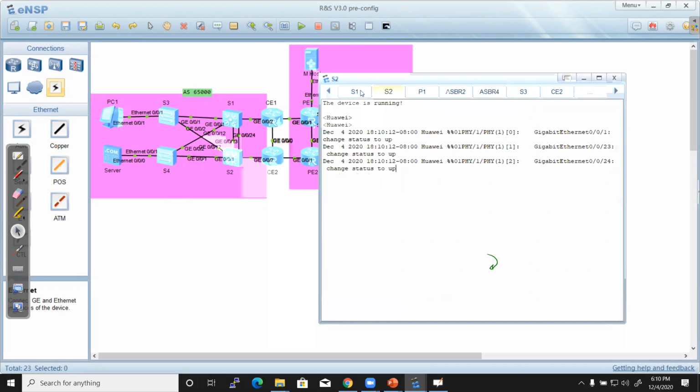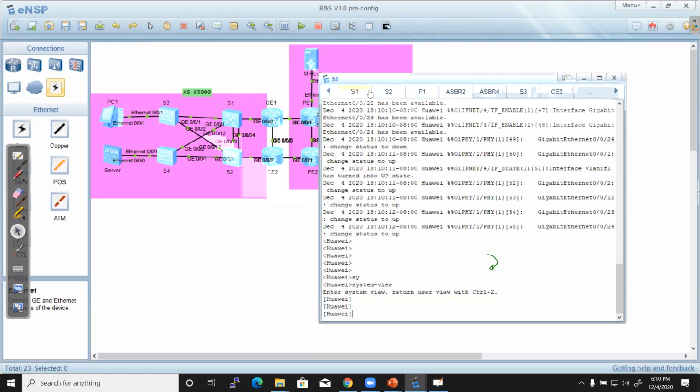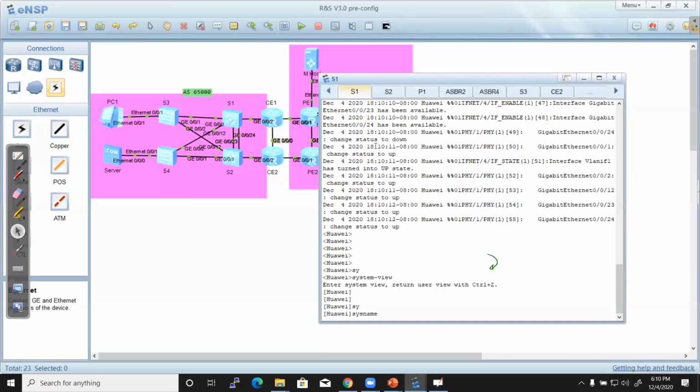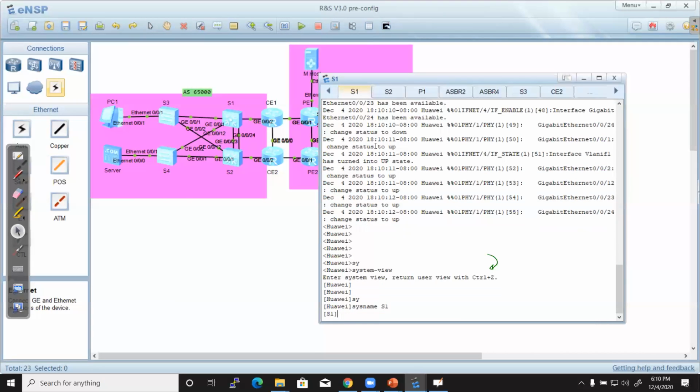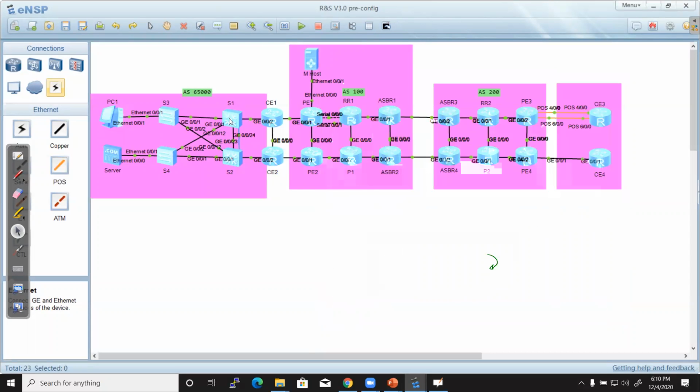So this is switch 1, and this is our switch 2. And let me load the configurations as well of both the switches.